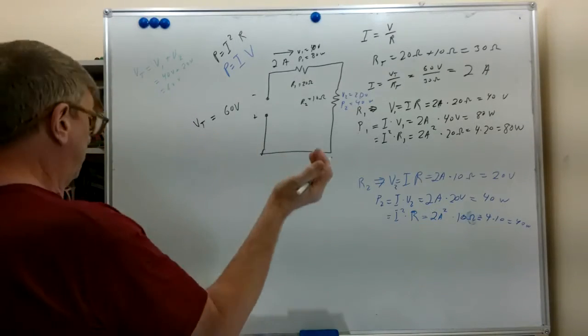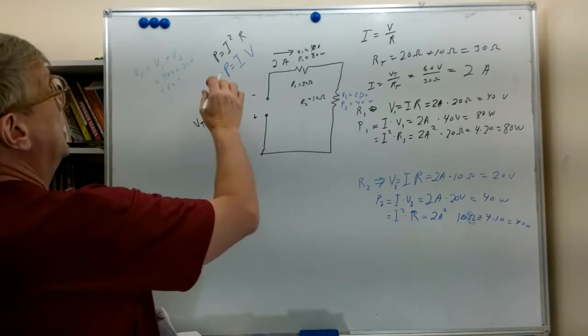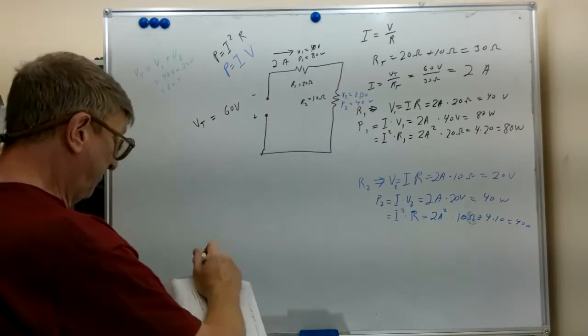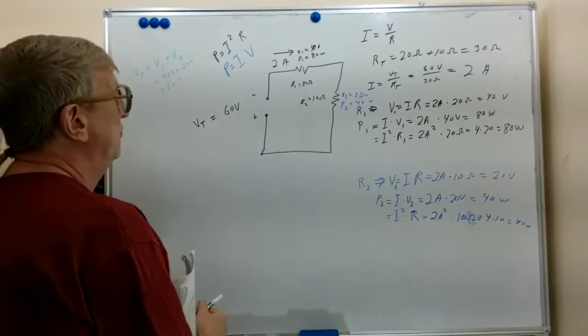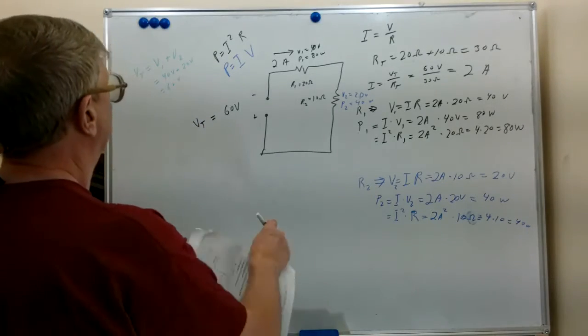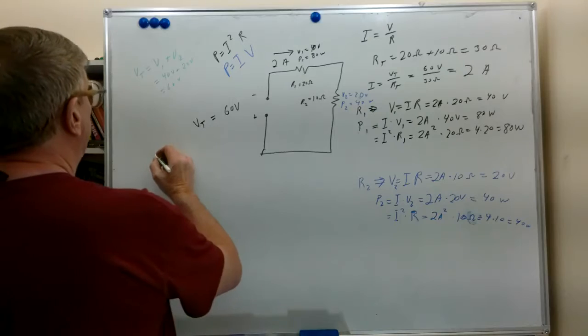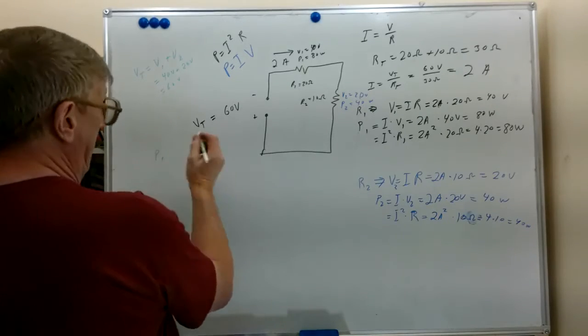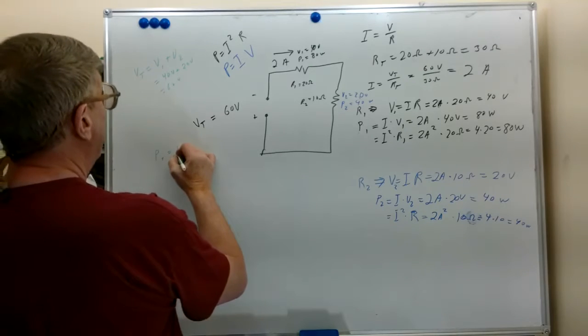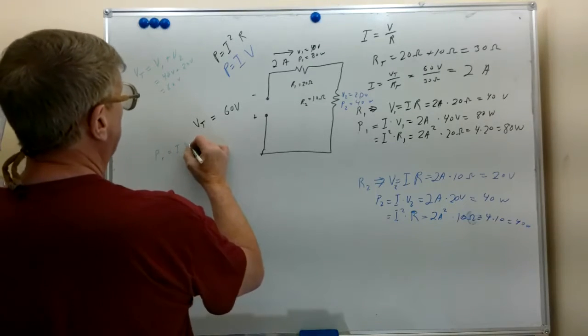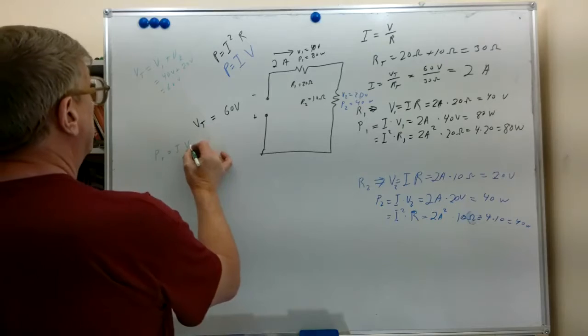Well, we can use 2 different choices here. We can use power equals IV. So let's do that first. Let's use power equals current times voltage. And we'll say the total power from the source is equal to I times the voltage of the source, VT.